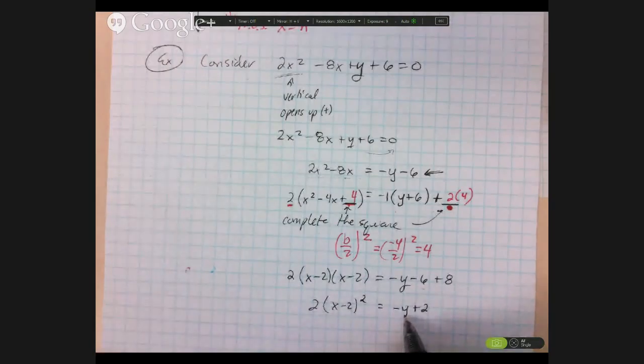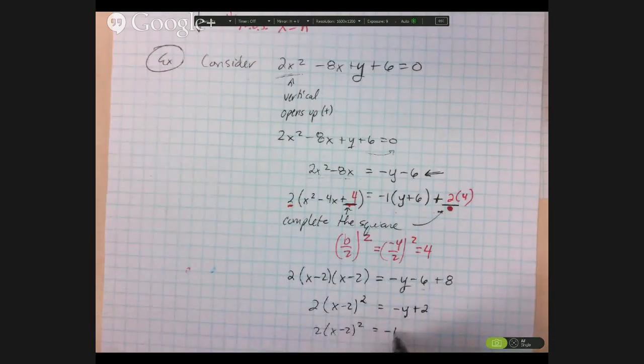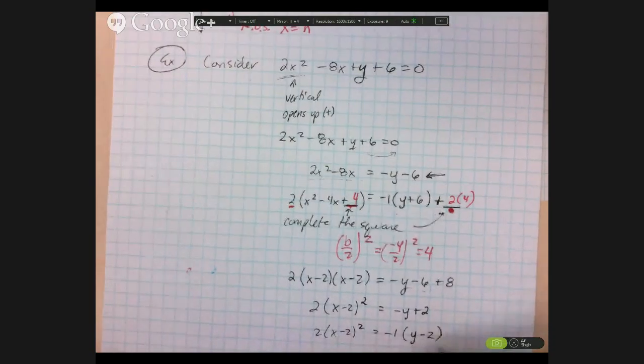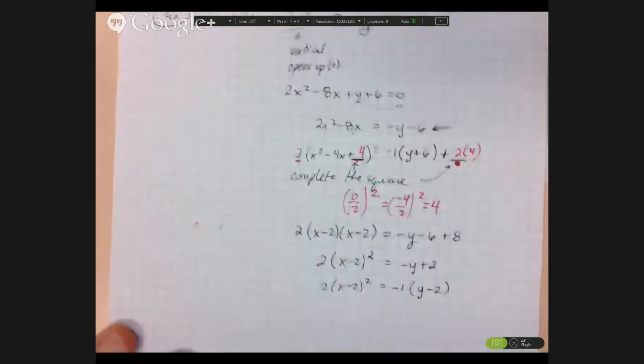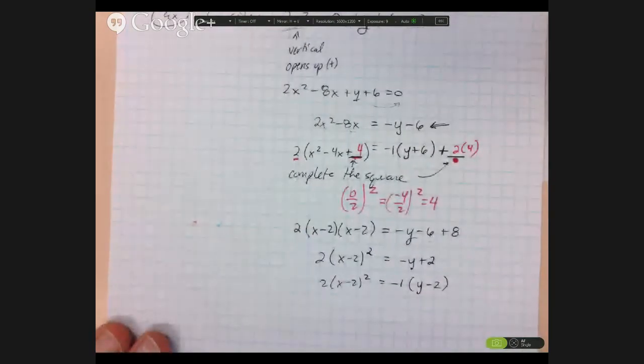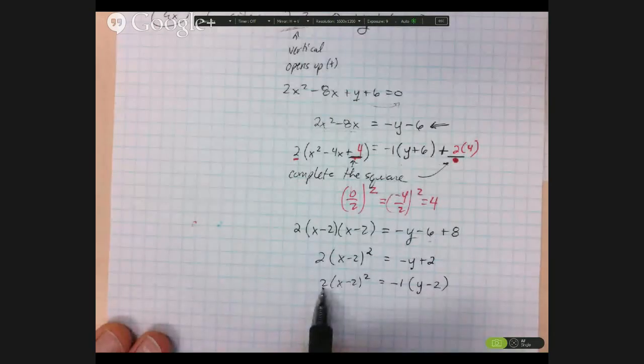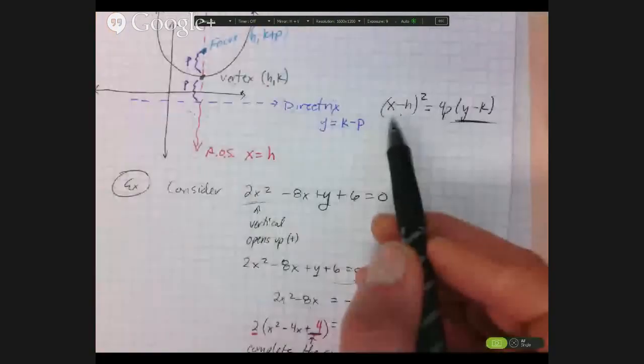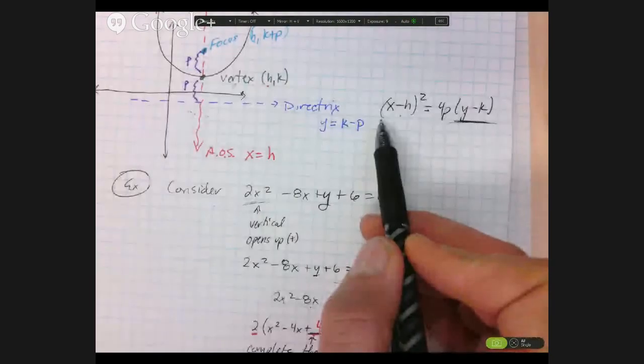This needs to be a positive y. So I pull the negative out. And then this number can't be here because the equation has nothing in front of the x squared value.